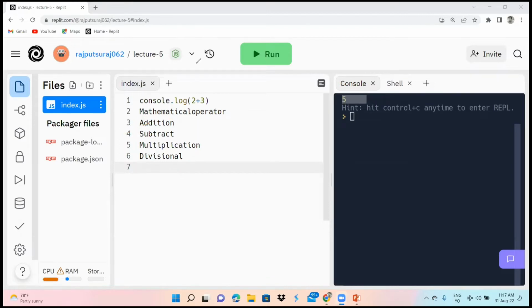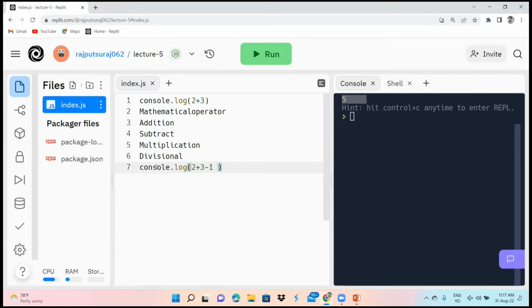So how are we going to solve our question in JavaScript? Any question based on the addition operator, any question based on the subtraction operator. Now you can see console.log, and we write 2 plus 3 minus 1.